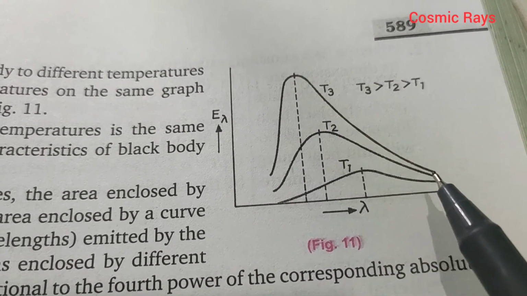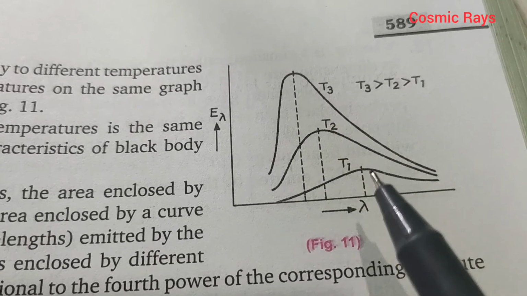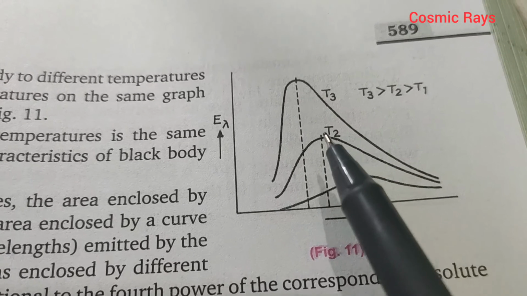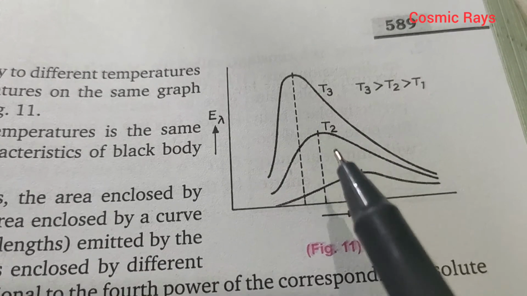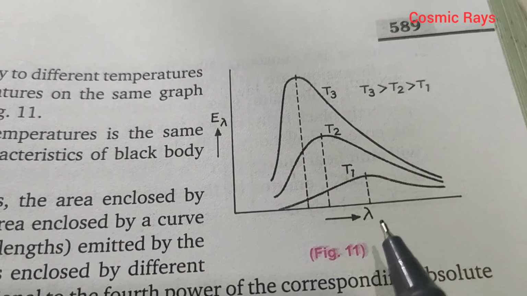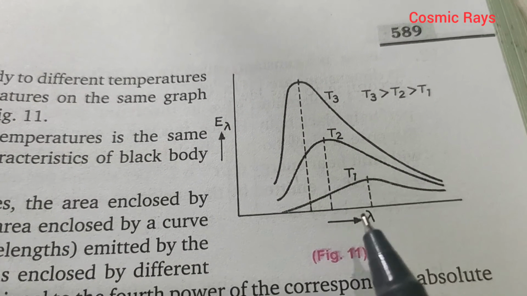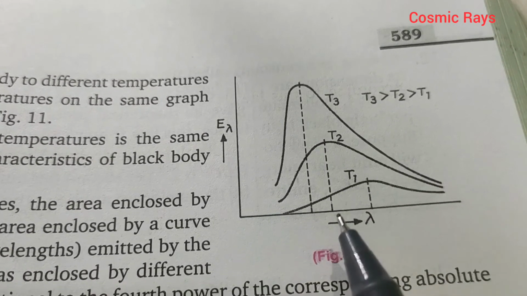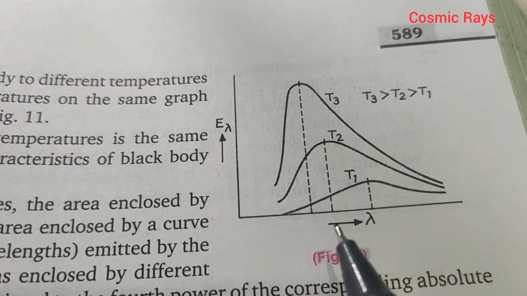What we observe is, the peak for T1 is here, then it got displaced or shifted to T2. From this point to this point, the wavelength has decreased. We are going from right towards the left, from this point to this point, so the wavelength has decreased.